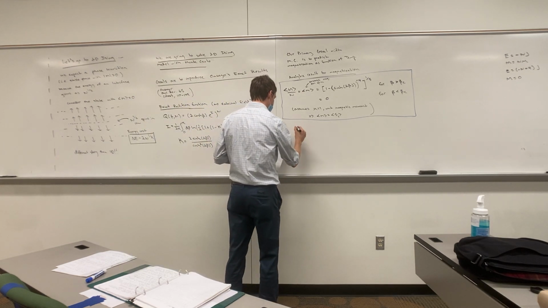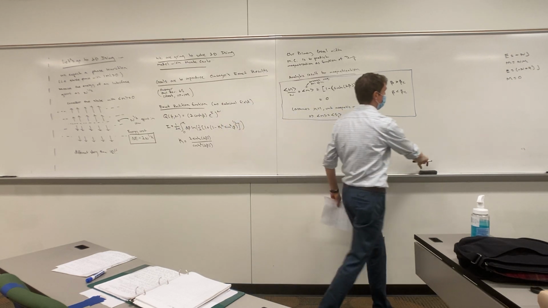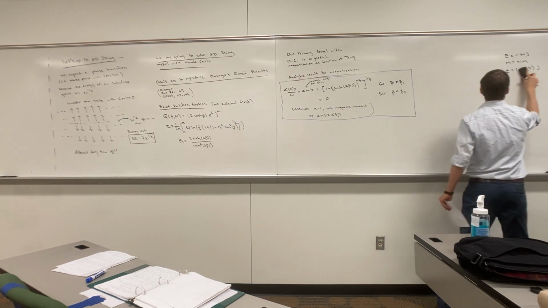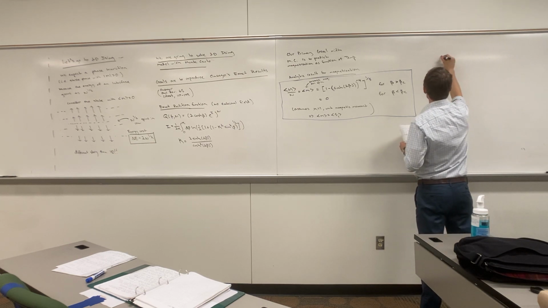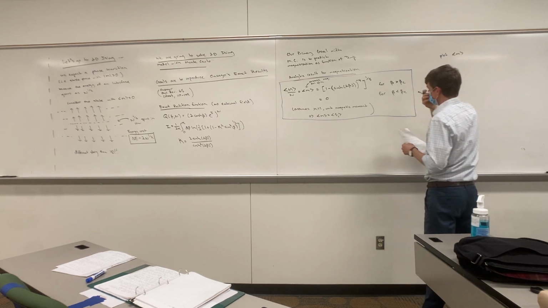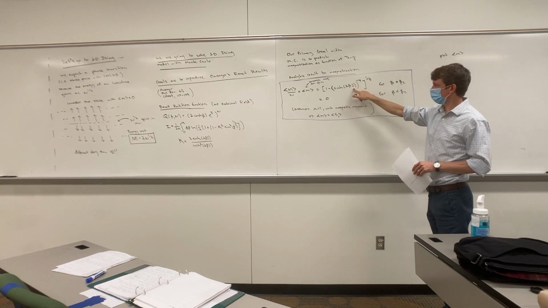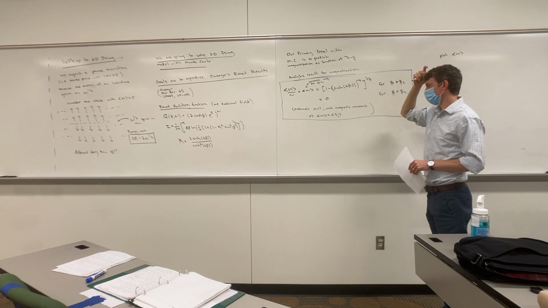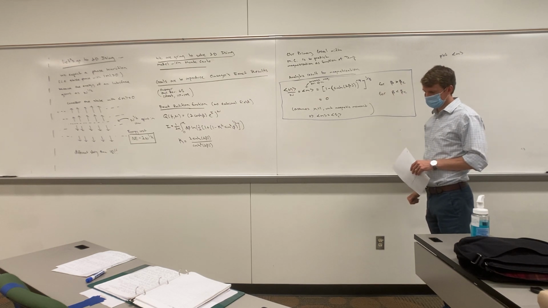What does it look like? Let me plot it over here. So let's plot average M. It depends on beta J. This is sometimes a little tricky for people to understand.